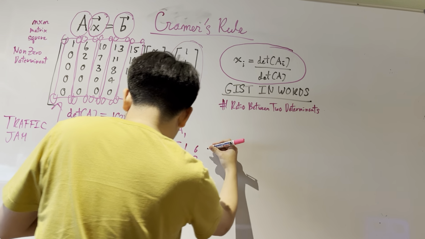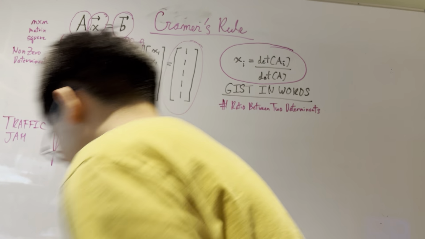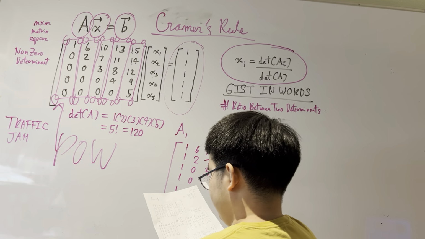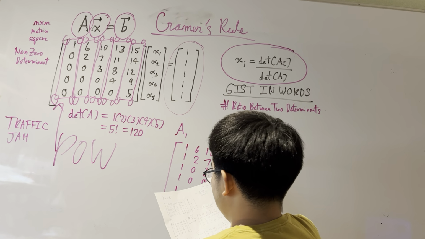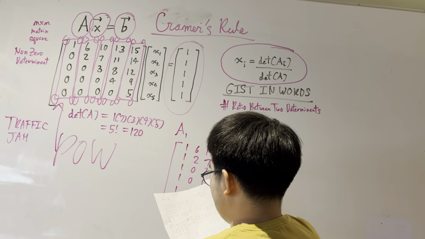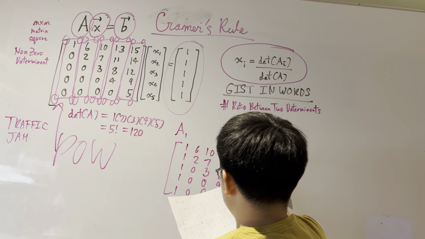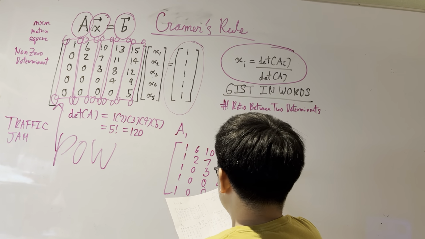And then we have 10, 7, 10, 7, 3, 0, 0, 13, 11, 11, 8, 4, 0, and then 15, 14, 12, 9, 0.